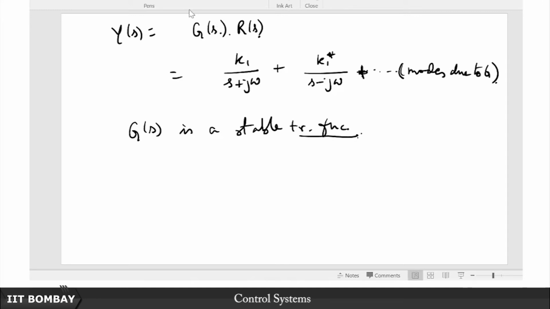What that implies is that these modes due to g decay with time.